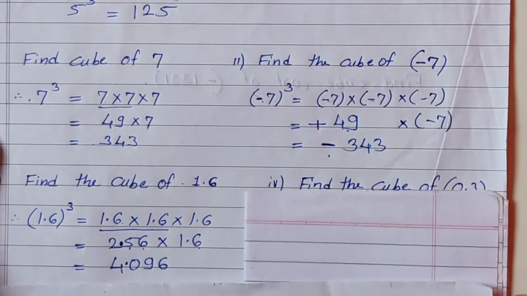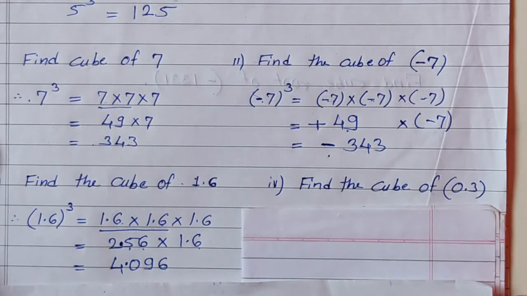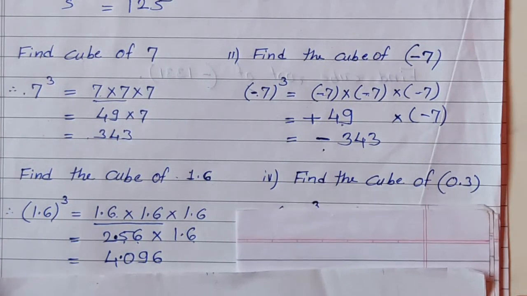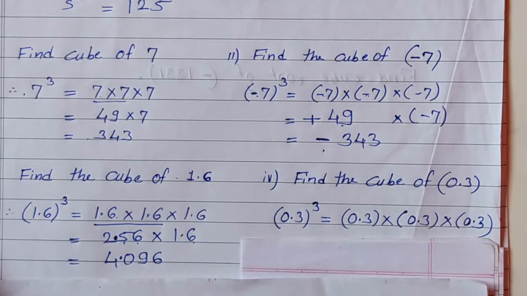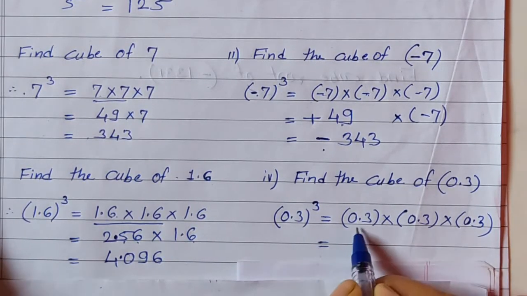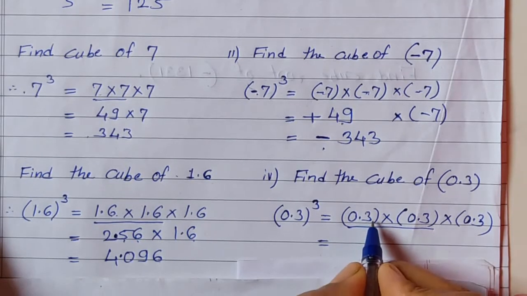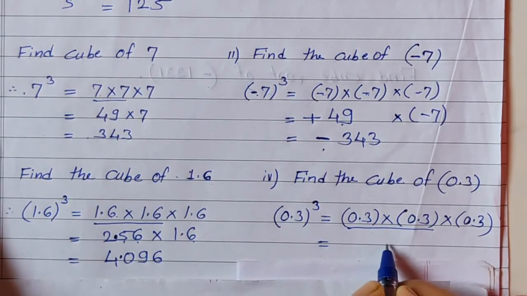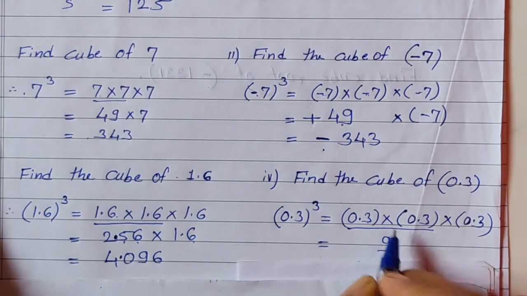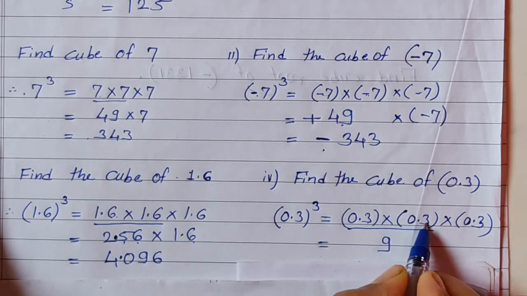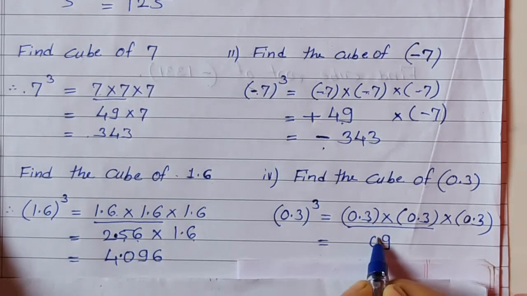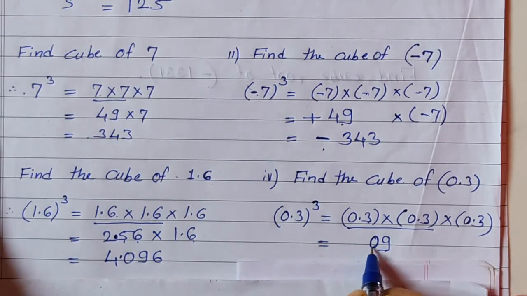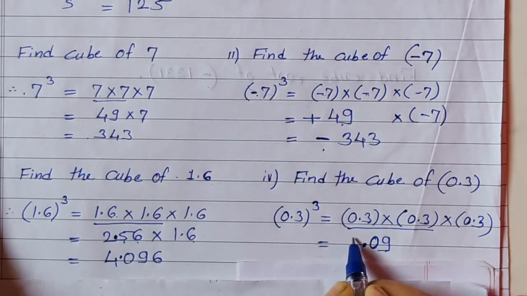Let's see the next one. Find the cube of 0.3. Again write it down in this multiplication form. Now multiply the first two numbers. 3 3s are 9. Now two decimal places are needed here, 1 and 2, but here only one place is there. So create a second place, put the decimal point and take 0.